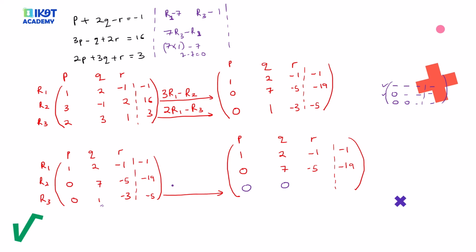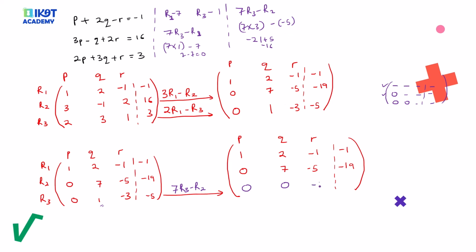So now here the expression is 7R3 minus R2. We do here 7 times what is R3, negative 3, minus R2, that will be minus 5. So this is negative 21 plus 5, which is negative 16.